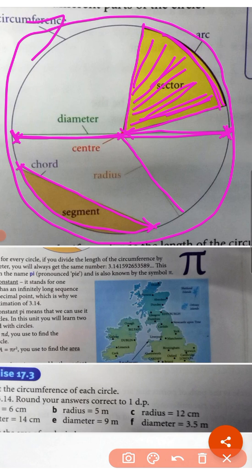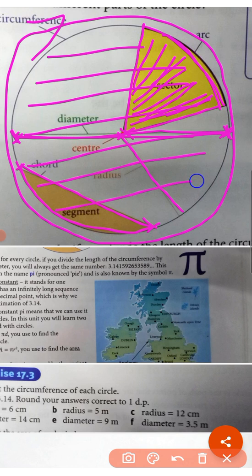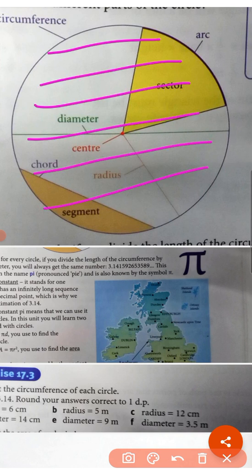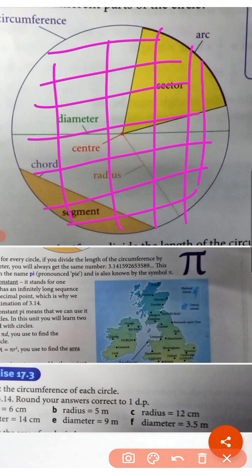Area of the circle describes the amount of space covered by the circle. Here, this portion is the area of the circle.